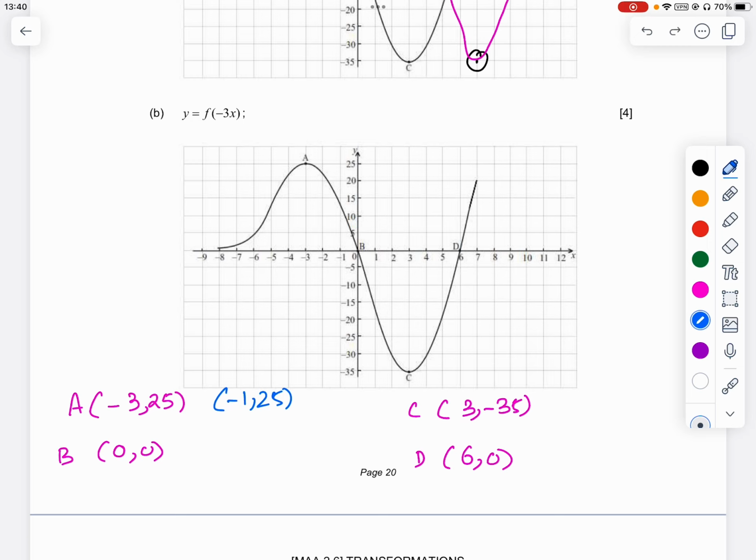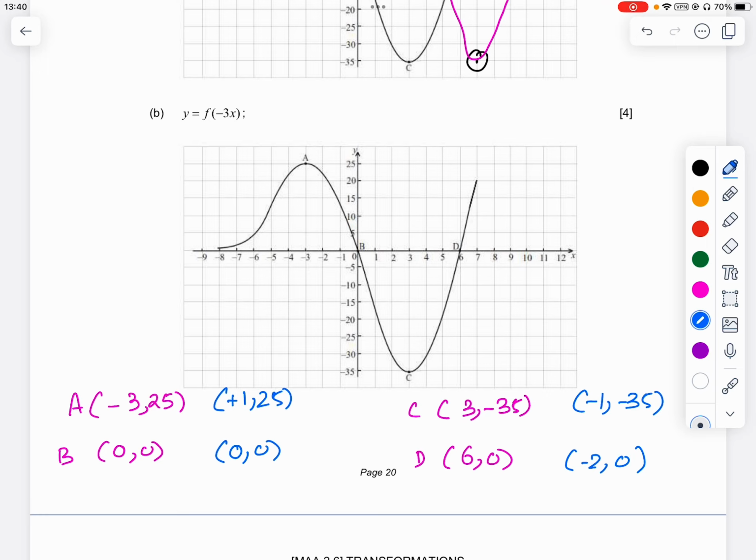That will be the easiest way. Then 0 comma 0 continues to 0 comma 0. 3 comma minus 35 will become minus 1 comma minus 35, and 6 comma 0 will become minus 2 comma 0. Divide every x value with minus 3. That should be the easiest way.